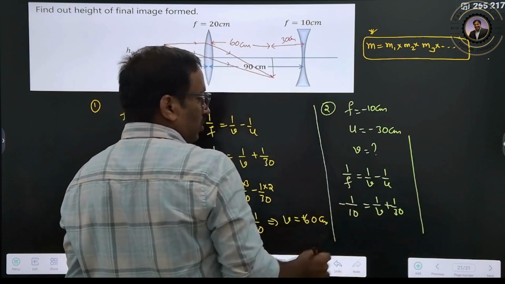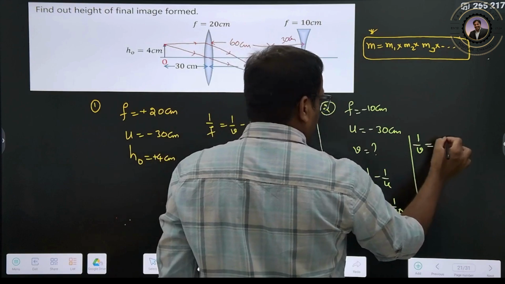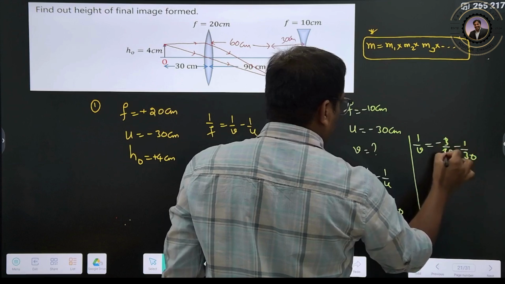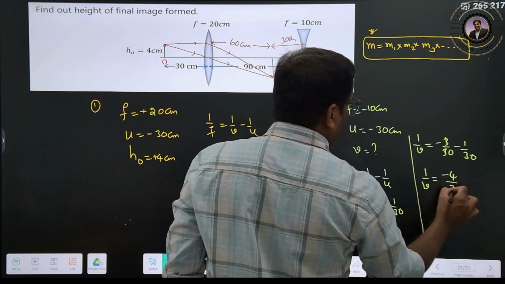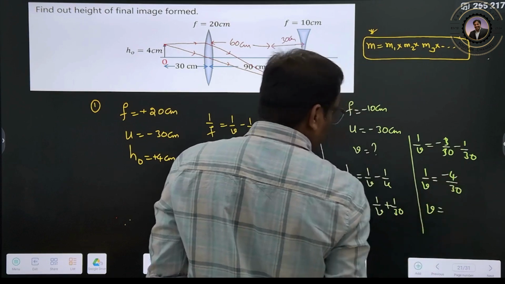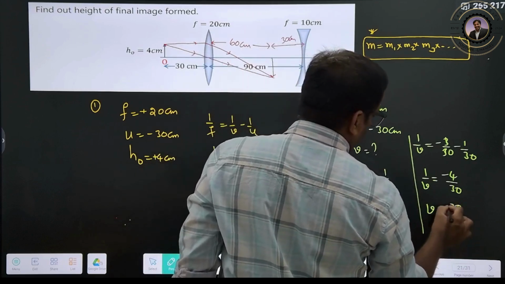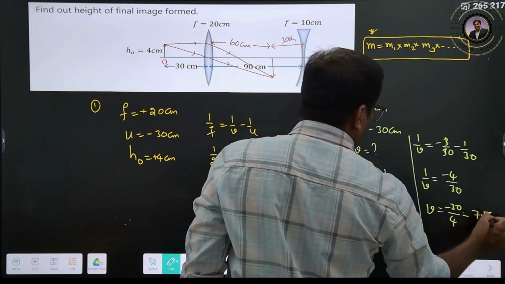So 1 by v is equal to minus 1 by 10 minus 1 by 30, which is minus 3 by 30 minus 1 by 30. So 1 by v is equal to minus 4 by 30. So v is equal to minus 30 by 4, which is minus 7.5 centimeter.